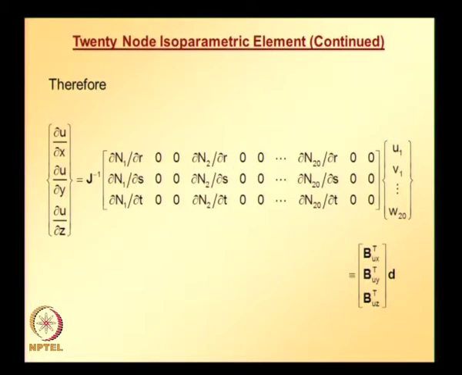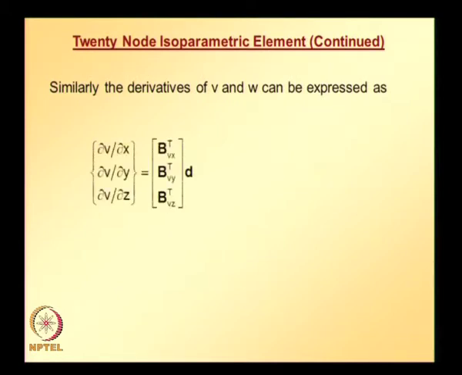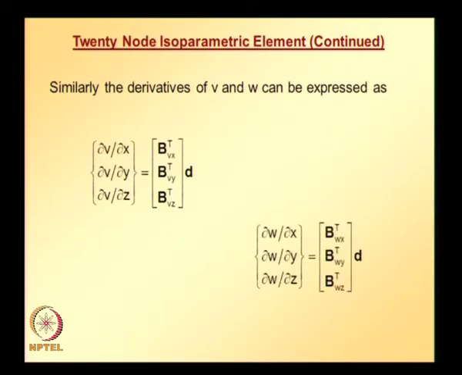So, this equation gives derivatives of u with respect to x, y, z, which can be compactly written similar to what we did for the 8 node hexahedral element, except that the dimensions of matrices are going to be more. Similar derivatives for v and w are expressed as follows.